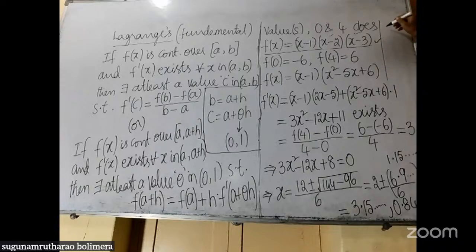Say A is 3.15, B is 0.84, C is both A and B, D is none.